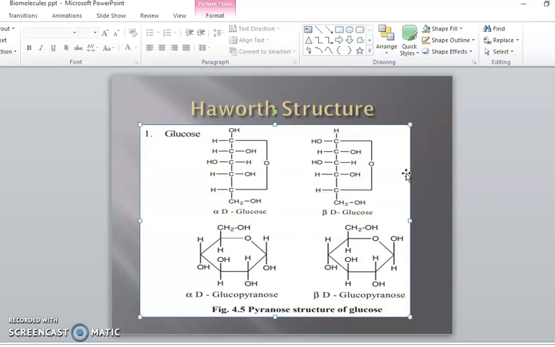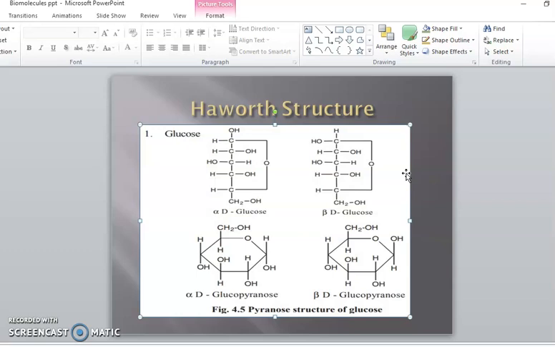Then on the third carbon on the right side you put H. Then from the fifth carbon to the first carbon there is a glycosidic linkage. At the bottom you put CH2OH. If it is alpha D glucose, on the first carbon the OH is on the right side. If it is beta, on the first carbon the OH must be on the left side. Very easily you can draw the Haworth and hemiacetal structures.